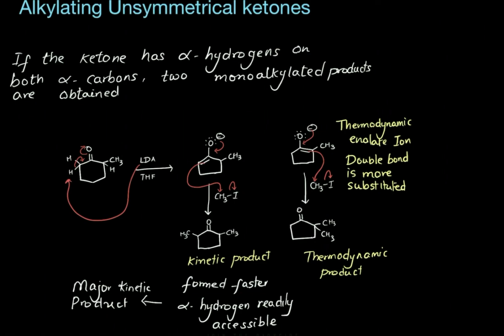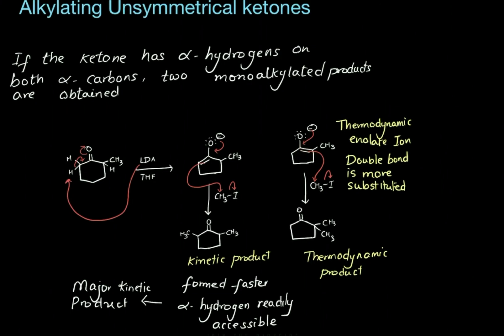Now, the thermodynamic product is usually going to be the most stable product, but for the enolate ion to be formed, it's going to take a little bit of time. The LDA is still going to access this hydrogen, but it's going to take a little time to form the enolate ion. Although it takes some time, it's going to be the stable enolate ion, because you see the double bond right there.